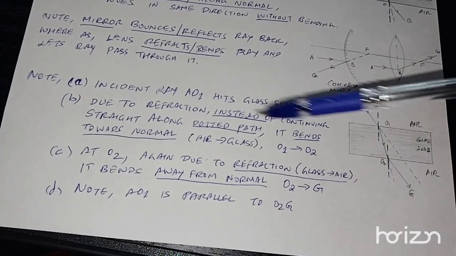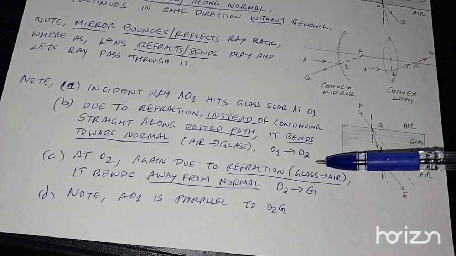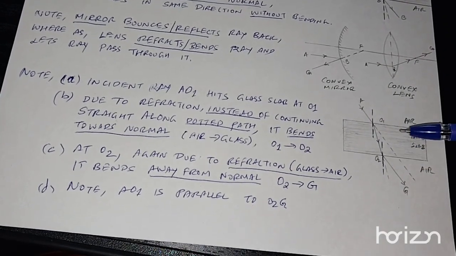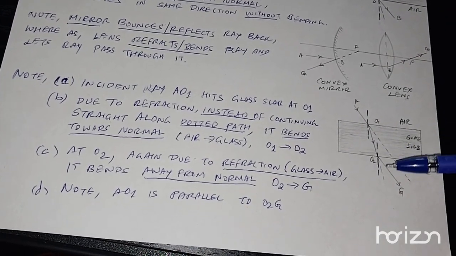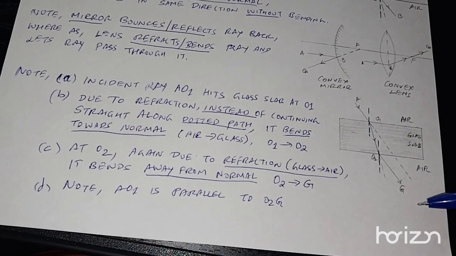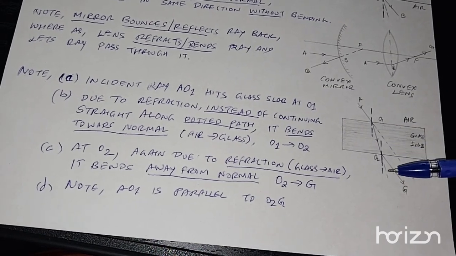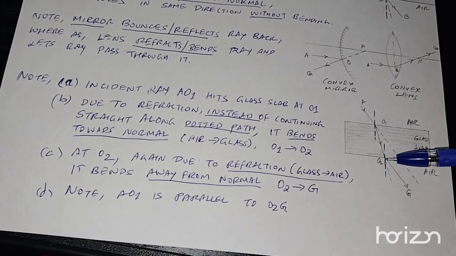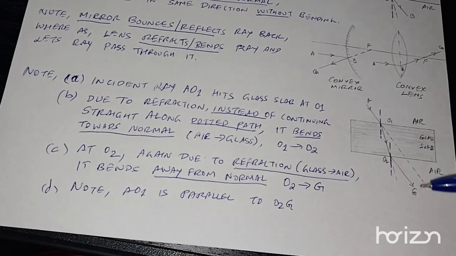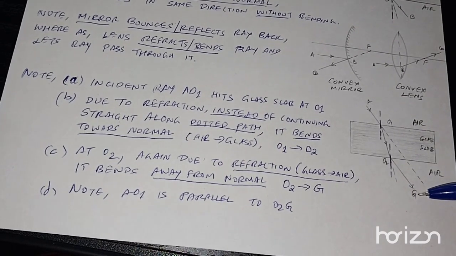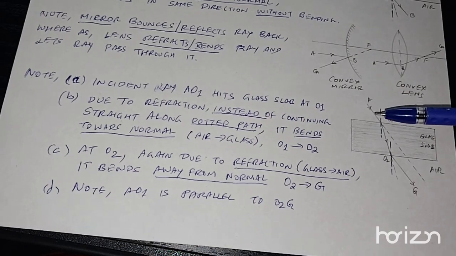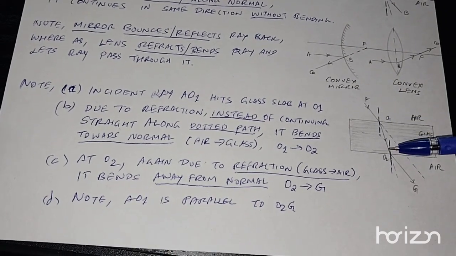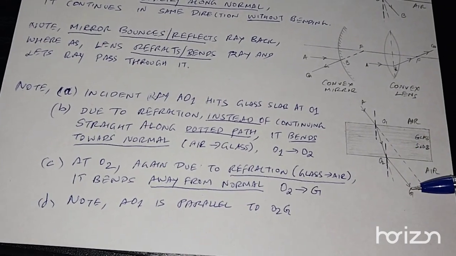This is O1 to O2. Again at O2, due to refraction, this time it is going from a thicker, denser medium to a thinner medium. It is going from glass to air. So instead of continuing along this dotted path, it bends away from the normal along O2G. Here it bends towards the normal, and at this point it bends away from the normal.